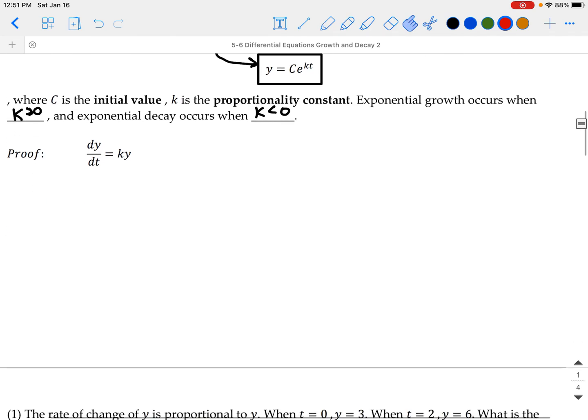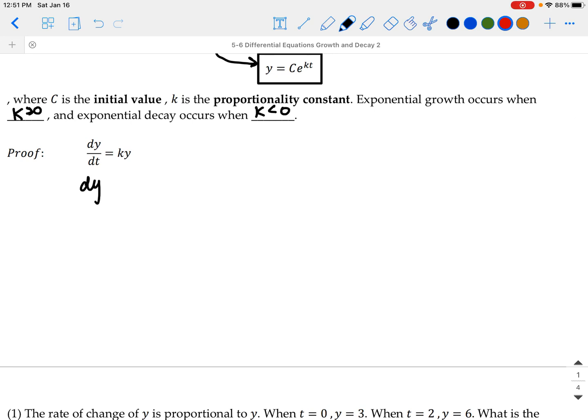All right, so let's go ahead and prove this real quick. We'll separate our variables here. So we're going to get dy over y is equal to k dt. Note k is just a constant. So we'll integrate both sides. On the left, we'll get the natural log of the absolute value of y, and note we're going to assume here that y is greater than 0.